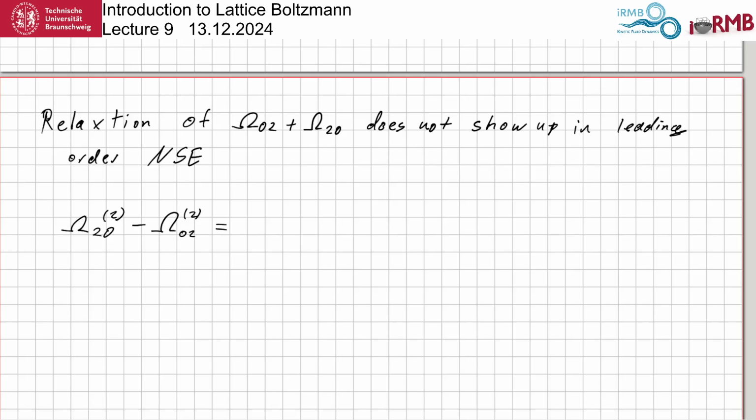So, and this is 1 plus theta rho 0 and here you have dx ux first order minus dy uy first order. Wait, am I doing the right thing? Yes.